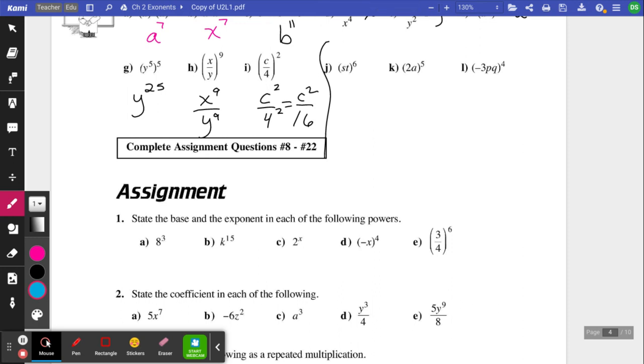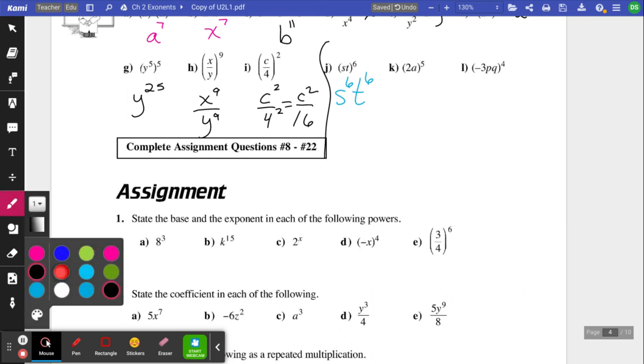Ashley, do you know? S T to the power 6. No, that's what it is right now. You have to write S to the 6 and T to the 6. The 6 applies to both. Follow? It says simplified, but that seems less. Yeah, I know. Just change it.